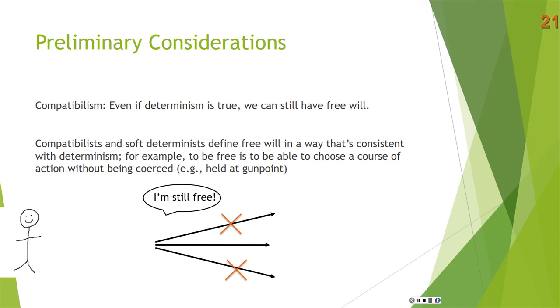Whereas the compatibilist says that in order to be free, you just need to be able to choose a course of action without being coerced. Not held at gunpoint, not having your family members held for ransom. So they have different conceptions of freedom, and so they draw different conclusions regarding the relationship between determinism and free will. All right, so in part 2, we will discuss some arguments for incompatibilism.